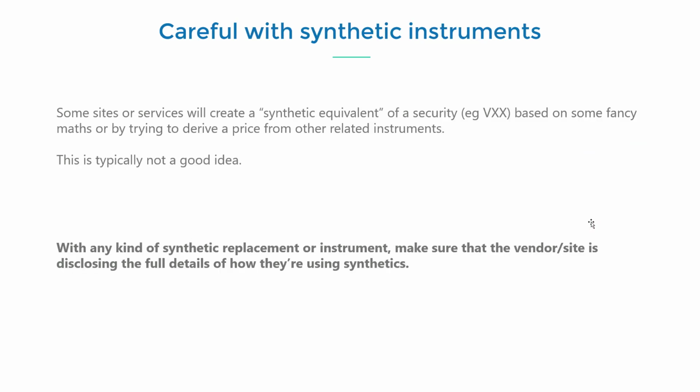Now, something similar to that is the concept of synthetic instruments, and you see this a lot with volatility products. These volatility products are super complicated from a math perspective, in terms of how they're calculated. It's derivatives of derivatives of derivatives and all that kind of stuff. The thing is, they start from a particular year.